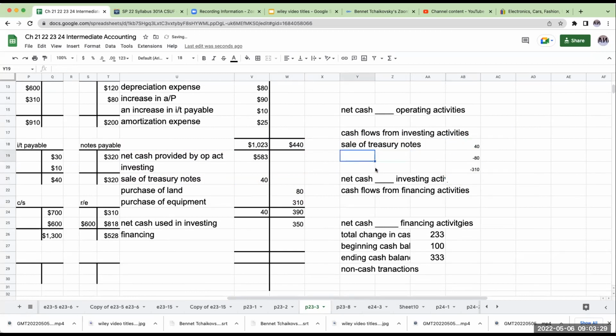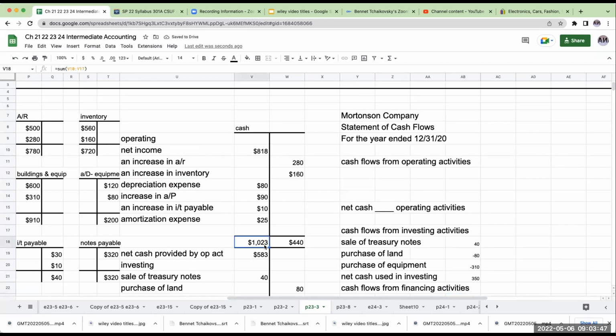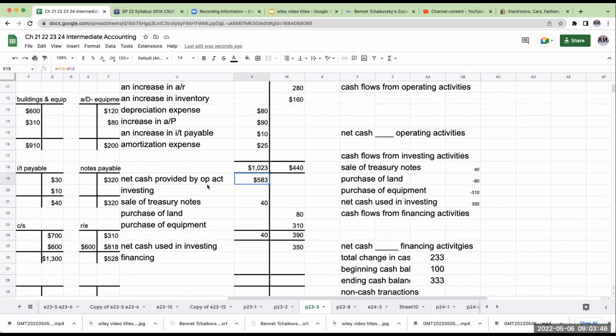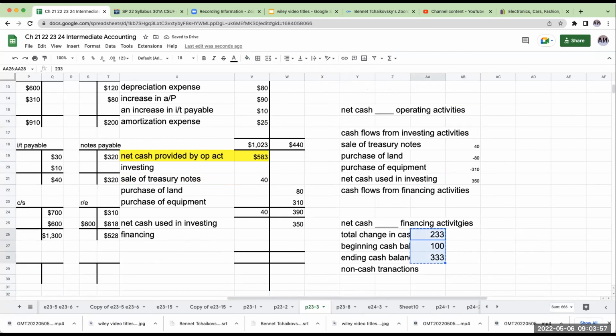So we've got over here purchase of land. And then we've got purchase of equipment. So we have net cash used in investing activities of 350. Okay. So I know that I got this to balance. So I know that my answer for the direct method has to be 583, because if I use 583 up here, I know that I'm going to get down over here to the 233.